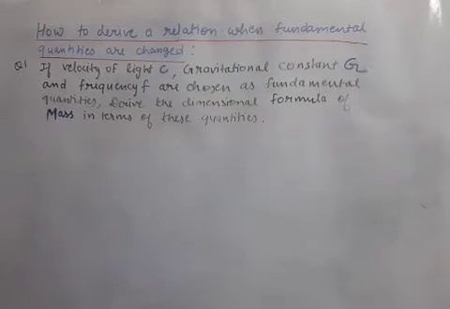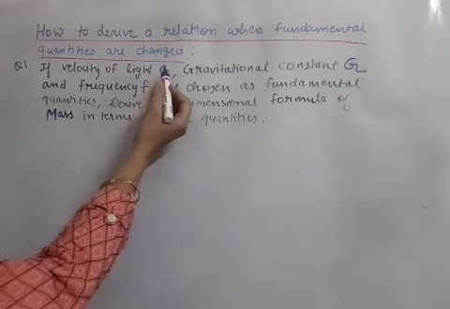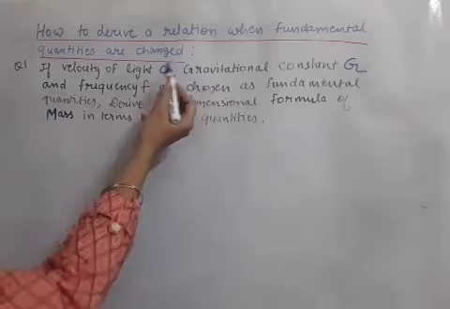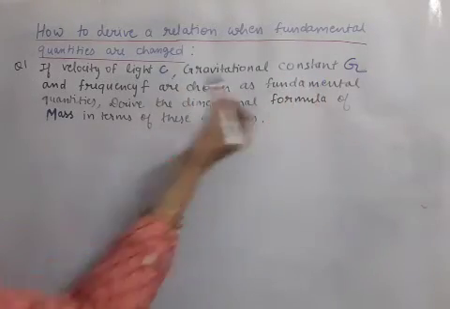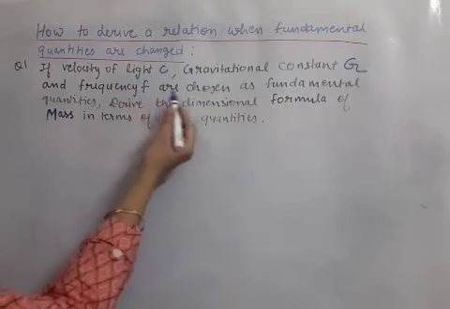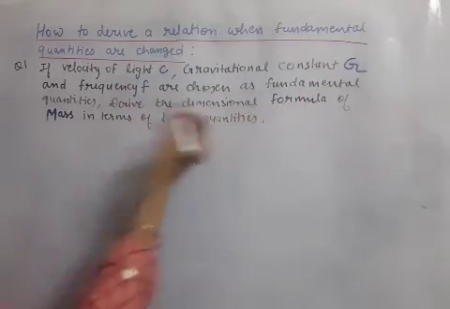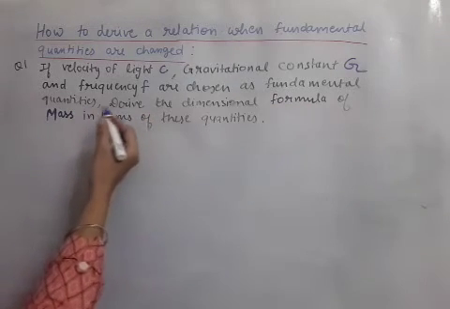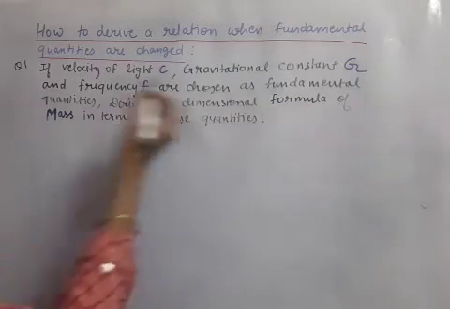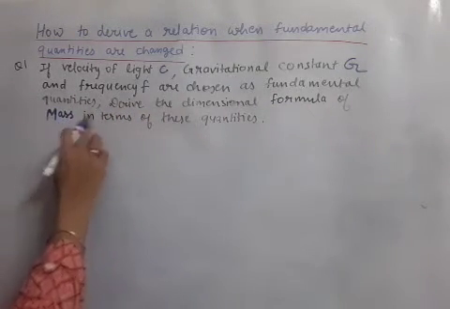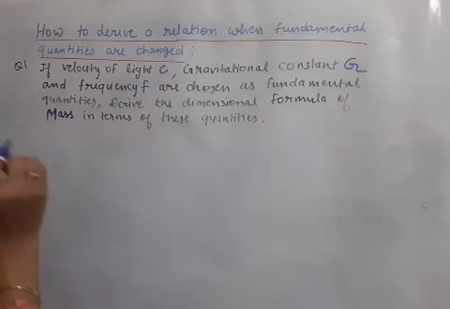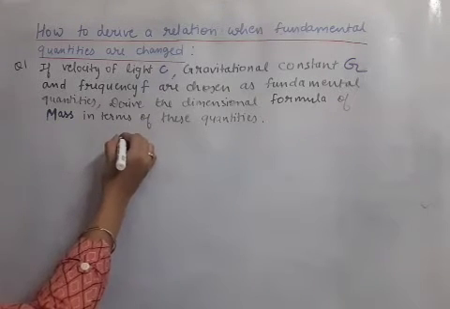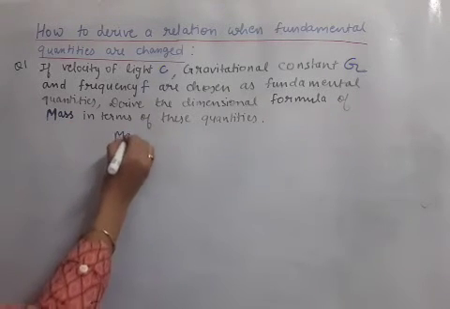It is written in the question that velocity of light c, gravitational constant G and frequency f, if they are chosen as the fundamental quantities, then derive the dimensional formula of mass in terms of these quantities. Whose formula we have to derive, that is mass.